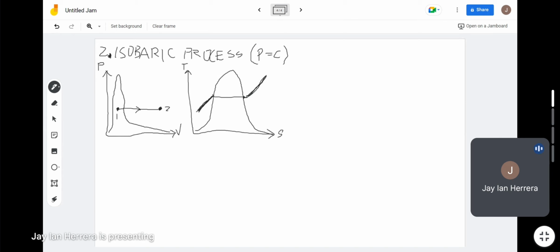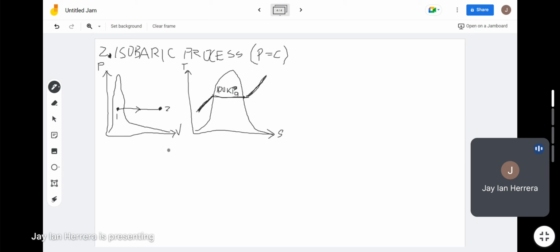So once it enters the wet mixture region, it's a straight line. This is just one pressure, say for example 100 kPa for our vapor under the isobaric process, the whole line. You'll appreciate this part once we go to thermodynamic cycles regarding vapors.